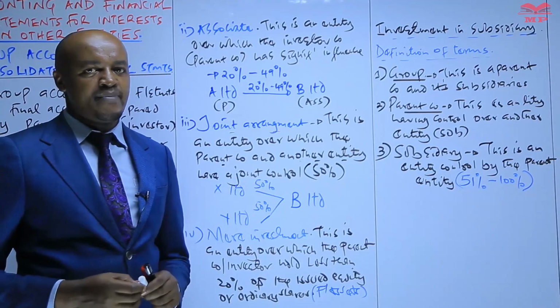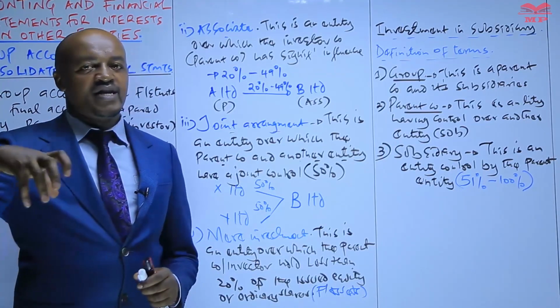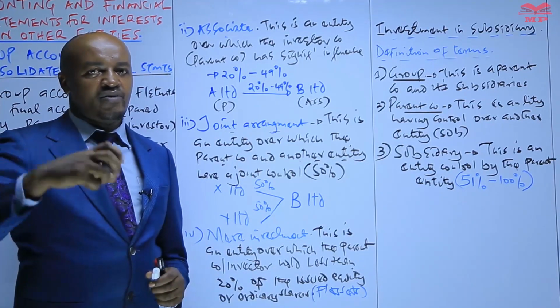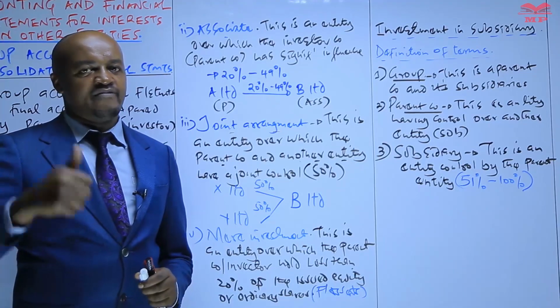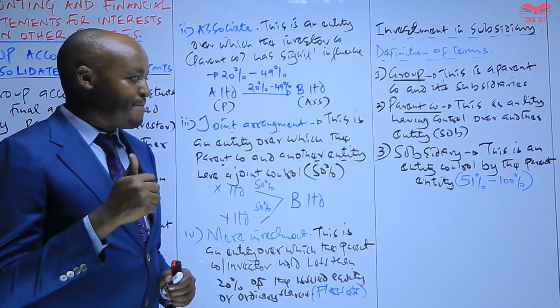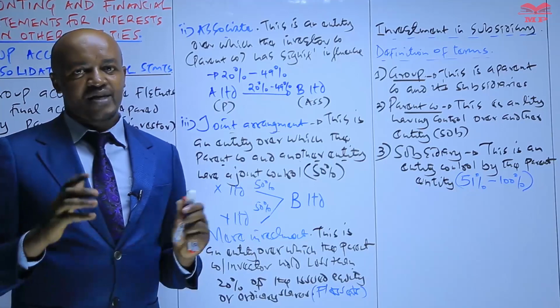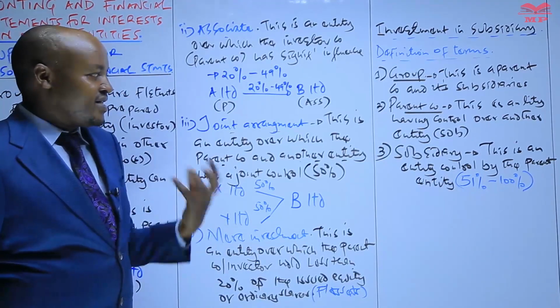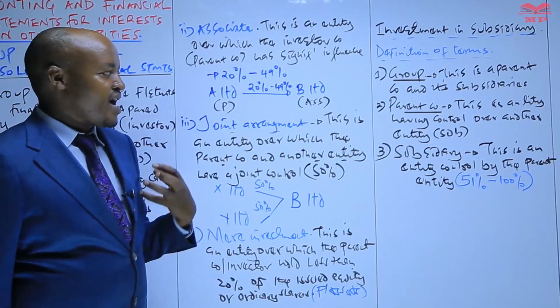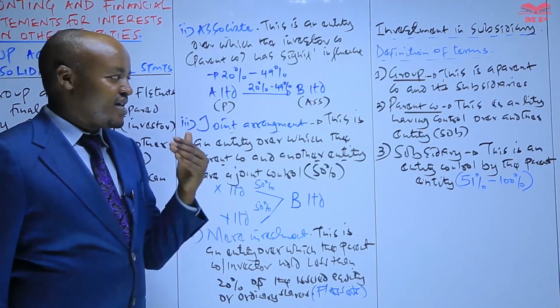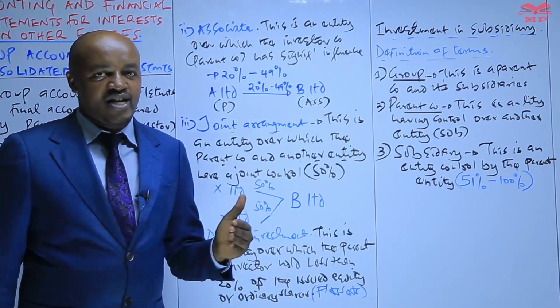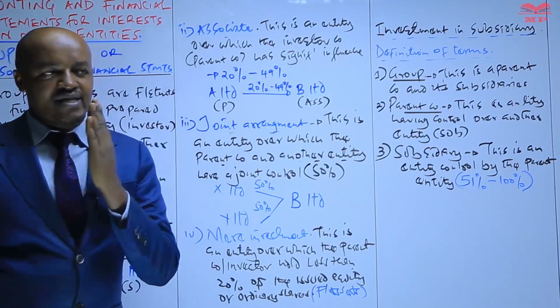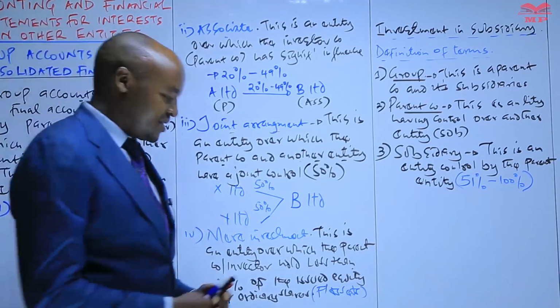And number 2, the parent company controls the operating and financial decisions made in the subsidiary company. Therefore, generally, a parent company will have control over a subsidiary if it acquires shares lying between 51% to 100%.